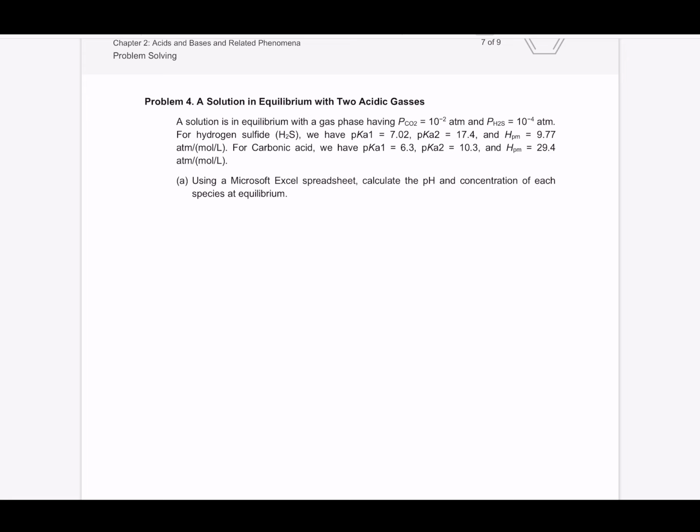So we have to relate everything to the concentration of something that we know, and that's the most protonated version of the acid. For example, in terms of carbonic acid, we have to relate the concentration of the other two species, bicarbonate and carbonate, to the concentration of carbonic acid, because the concentration of carbonic acid is a function of the gas partial pressure.